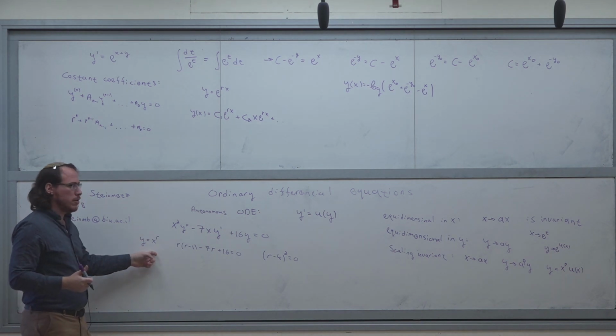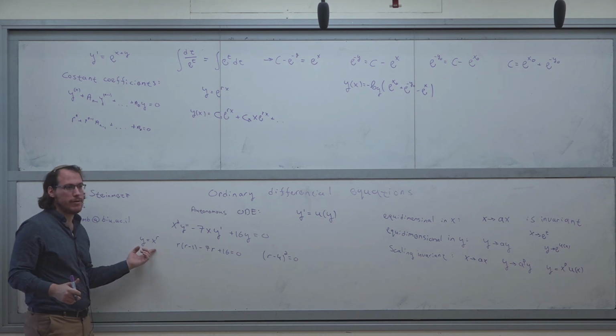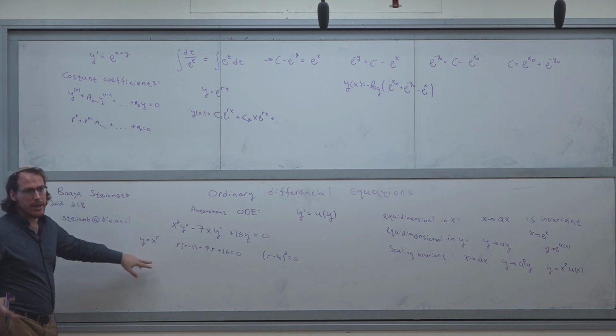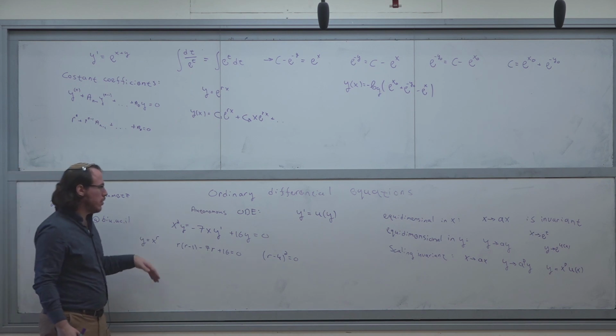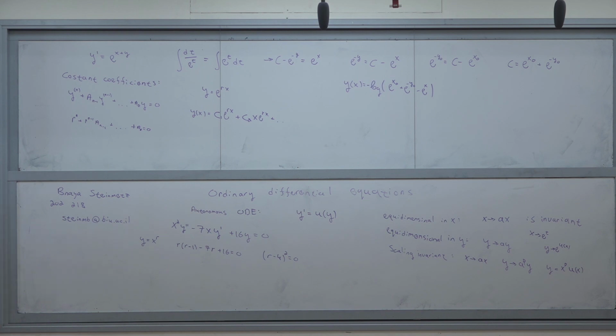So this is not enough, right? Because it is true that it is a solution, but it's not the solution, because we can also have something else. We have multiplicity.